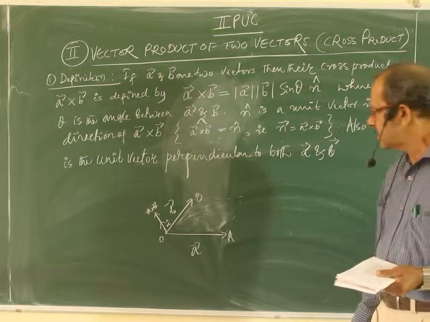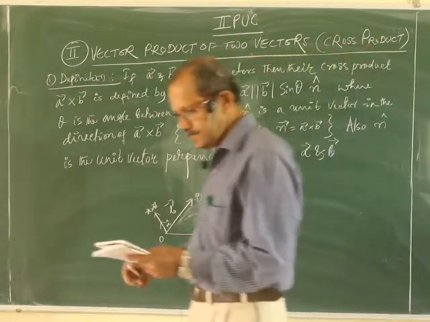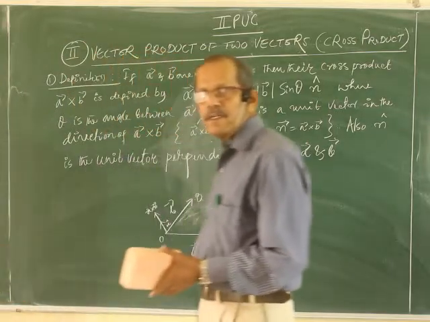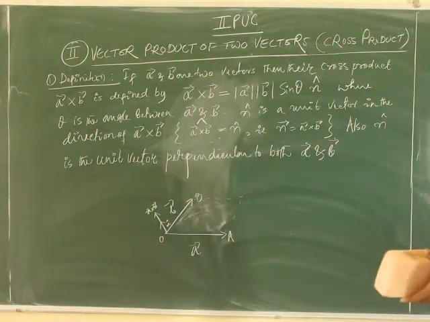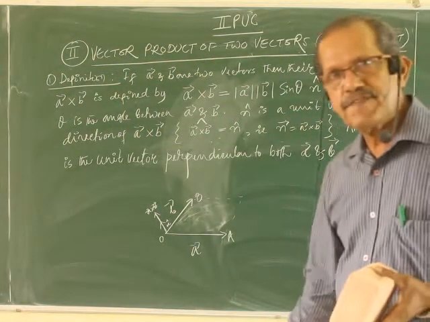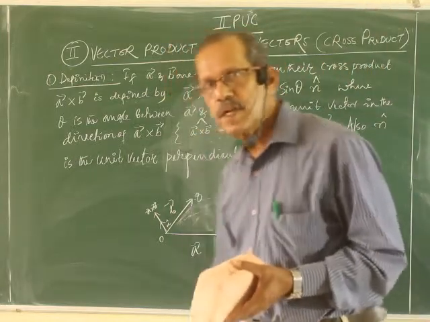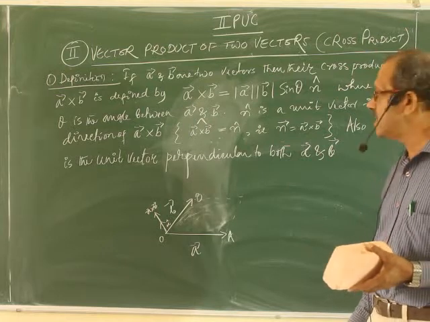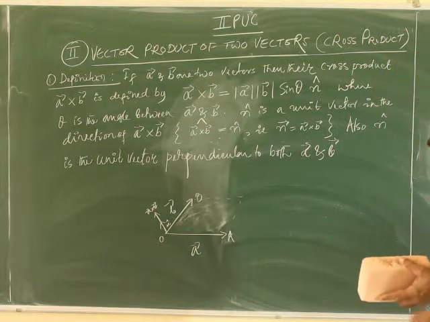Okay, right. Next, the second point, as I have written in scalar product: definition of the vector, after that geometrical meaning. So let me write that one.